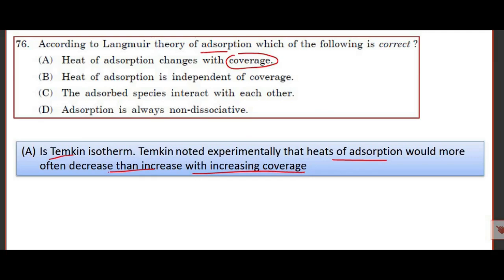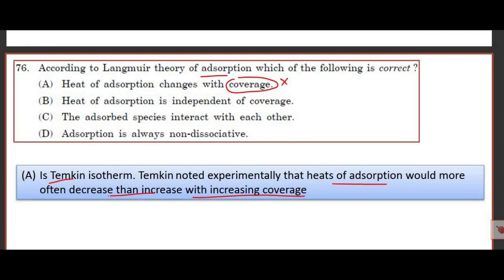Hence, option A is not correct. Heat of adsorption is independent of coverage. Option B is correct. Adsorption species interact with each other is wrong. Adsorption is always non-dissociative is also wrong. Option B is correct.